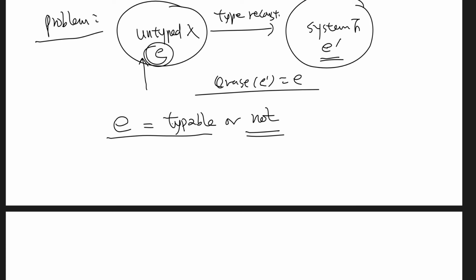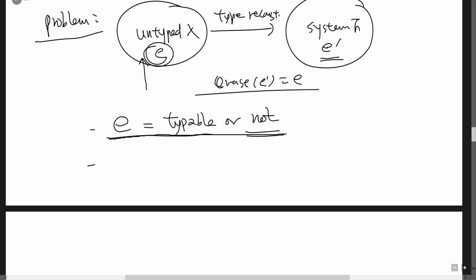But the real problem here is this question of whether it is typeable or not. This problem is actually undecidable. That means there's no algorithm for this problem. This problem is basically not solvable.